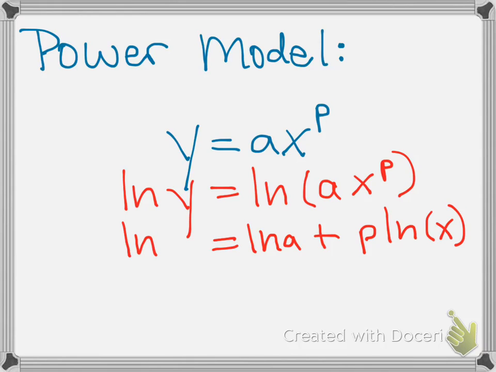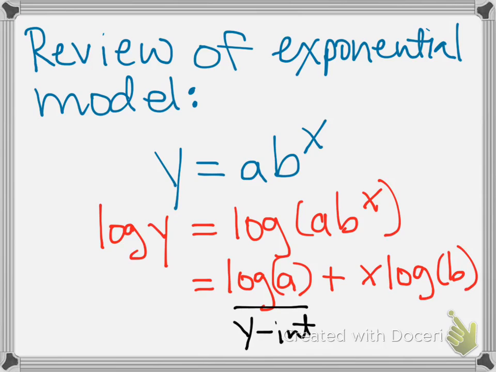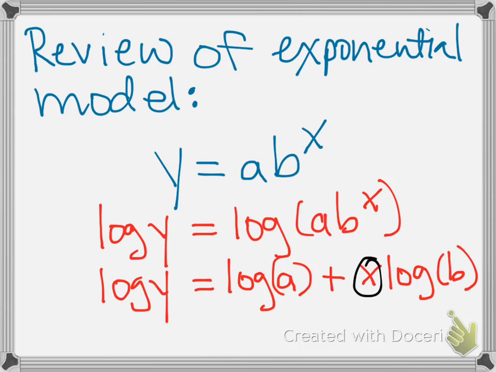Notice this does look slightly different than the linear equation that we ended up with for the exponential model. For the exponential transformation, we still get the log of y on the left side of our equation. But then over here on the right side, the log of b ends up being the slope, and x doesn't have a logarithm associated with it.